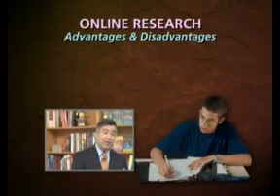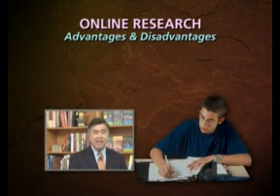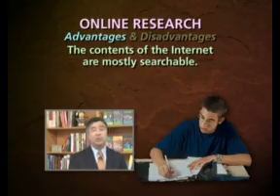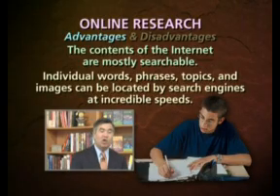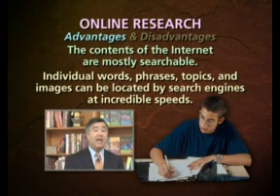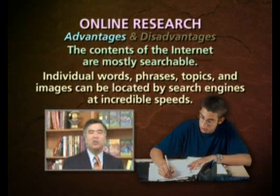Online research has both advantages and disadvantages. Here are some of the advantages. Unlike a traditional library, the contents of the internet are mostly searchable. This means that individual words, phrases, topics, and even images or pictures can be located by search engines at incredible speeds.